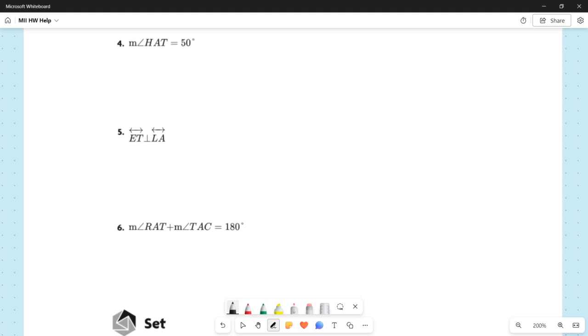And it would be nice if it kind of looked like it was 50 degrees. So in order to draw an angle here, I'm going to draw one ray, just like that. And then I'm going to draw a second ray. And again, it would be nice if it was kind of close to 50 degrees. 50 degrees is a little bit more than 45, and 45 is half of a 90-degree angle.